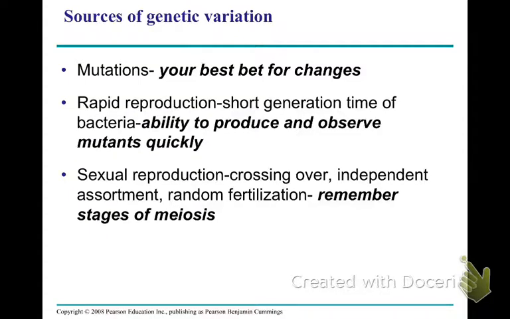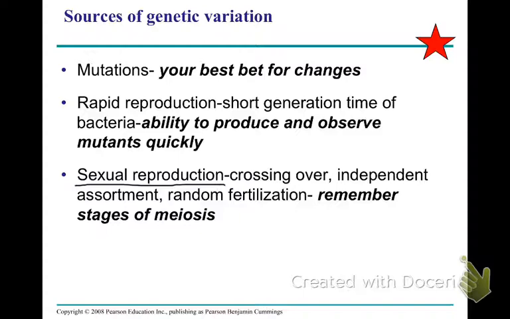Then we move on to the part where we talk about the different sources of genetic variation. The first thing, if you remember your chapter on meiosis, is sexual reproduction, which involves meiosis.